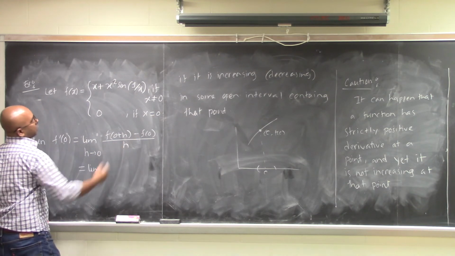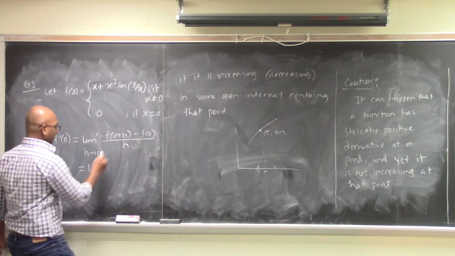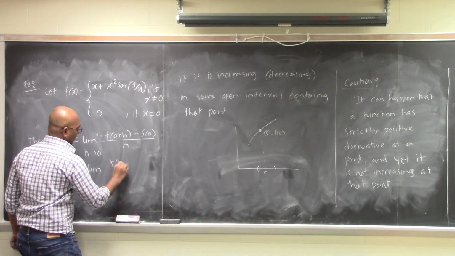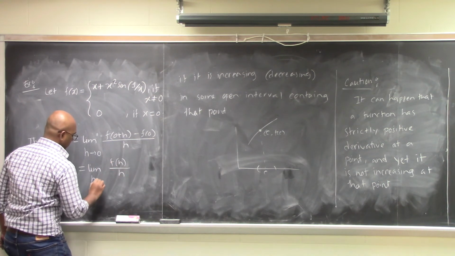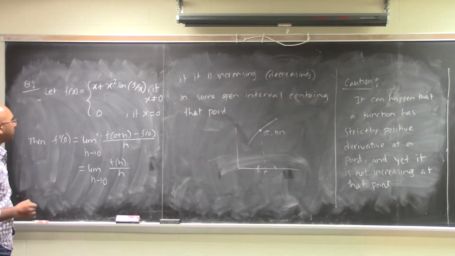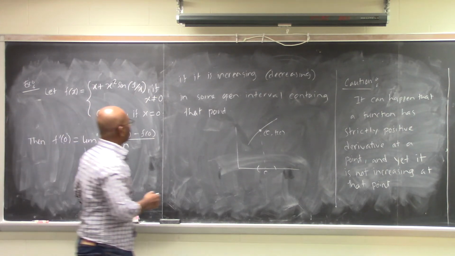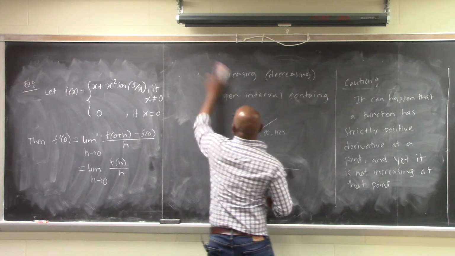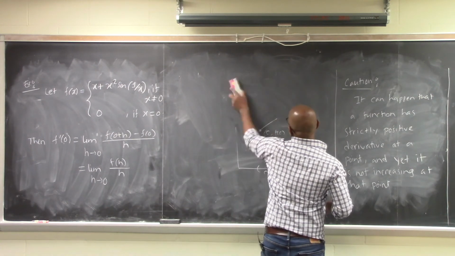But what is f of 0? That is just 0, and 0 plus h is just h. So it's f of h over h. Let's now write down what f of h is.